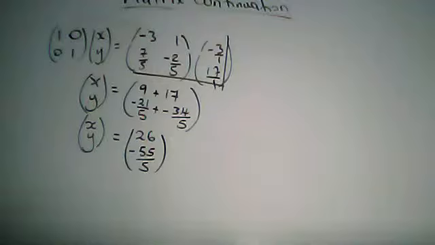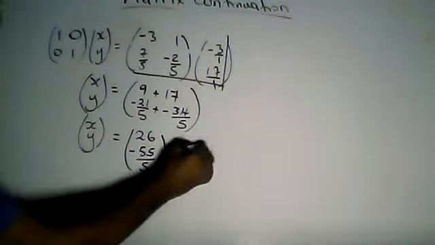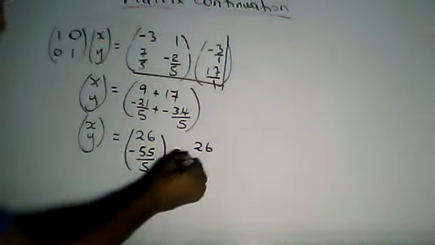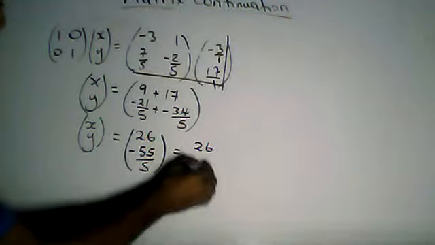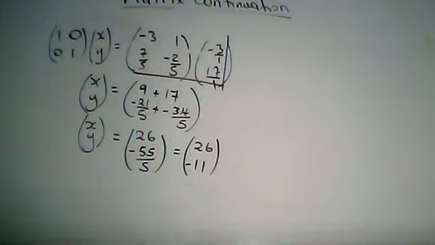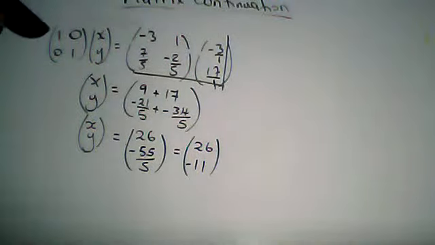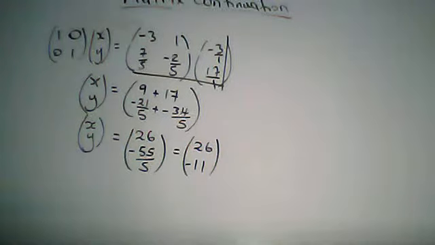When we simplify this, we're going to have 26 and negative 11, because 5 into 55 is 11. So that would be the answers for x and y.